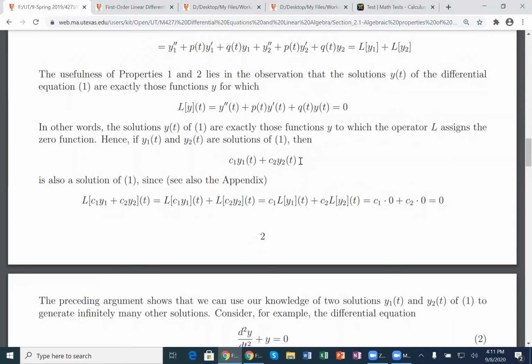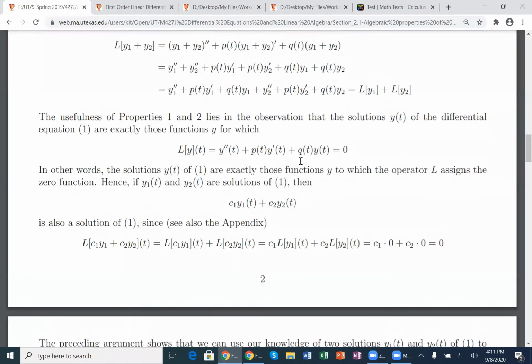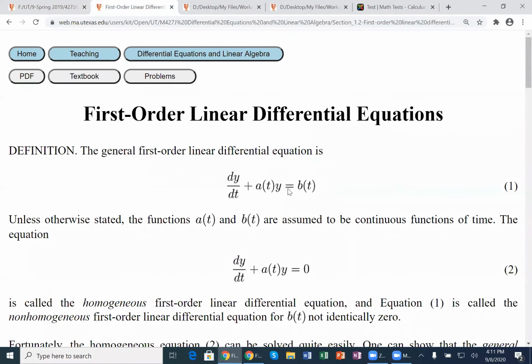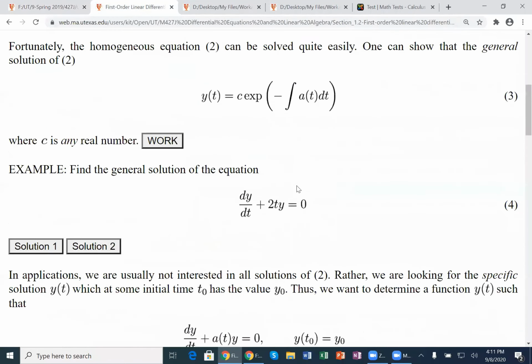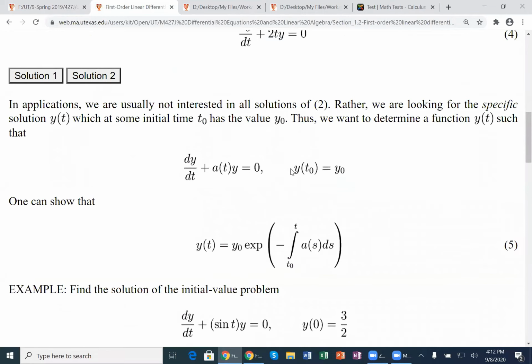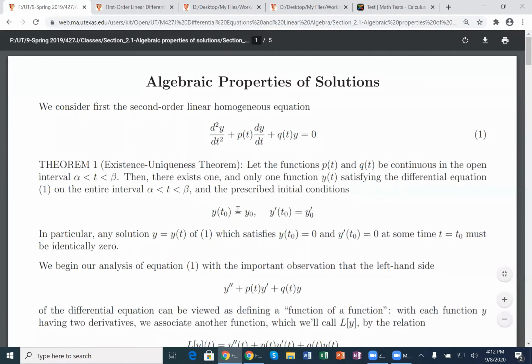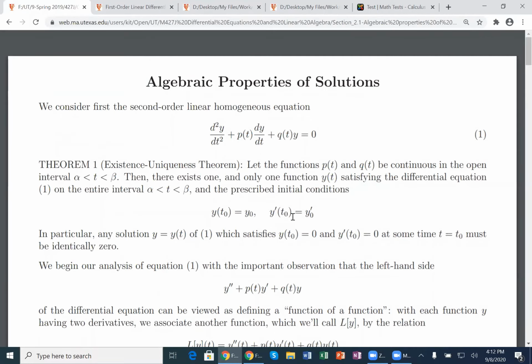Wait, so does that mean, because we had two initial conditions for a second order differential equation, and the solution yielded two constants, does that mean the number of constants correlates with the order of the equation? Well, yes, if I understand your question correctly, compare with first order. In first order, we have one equation, one condition. In second order, one equation, two conditions, in order to have exactly one solution.